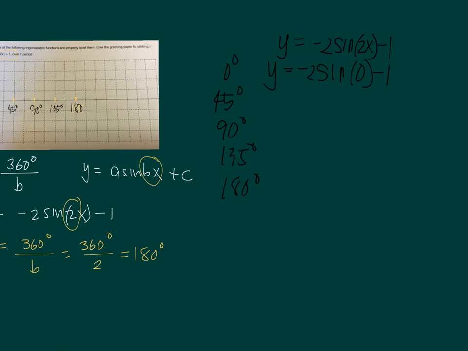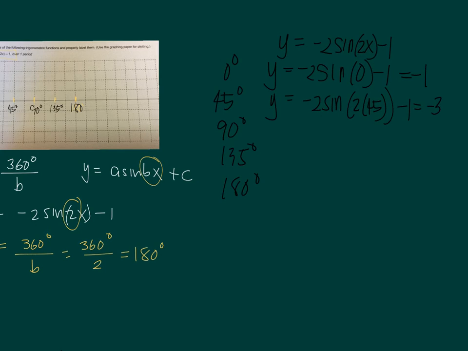You can use a calculator to find this. Just type in exactly what you have: negative 2 sine 0. Make sure you use the corresponding parentheses, and this should give you negative 1. Then you repeat the process for 45: negative 2 sine of 2 times 45, and then minus 1 again. 2 times 45 is 90, so it should give you negative 3.